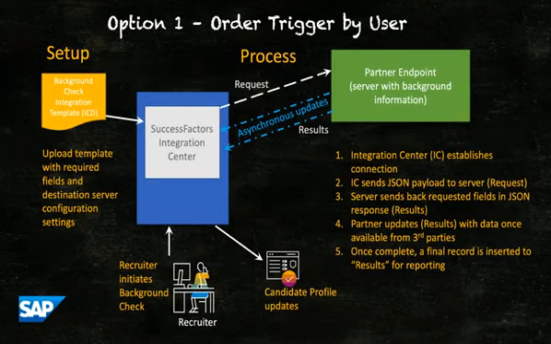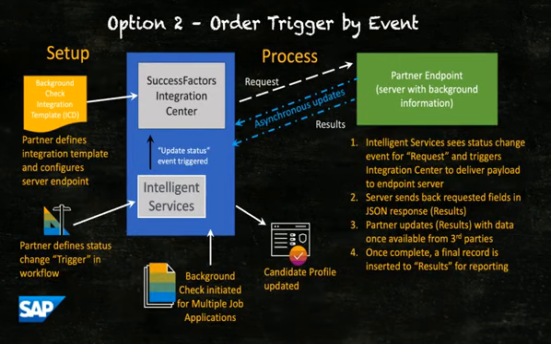For option 1, we have the background check order being placed by the recruiter in the UI. So it's one application request that is going out to the partner server and initiating that order. To configure this, we need to have the integration center template filled out with the different fields that are going to be used and the destination server configured for the integration center to be able to talk to the partner server.